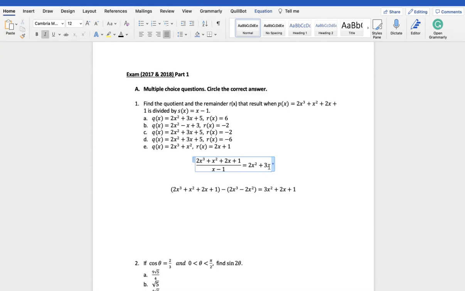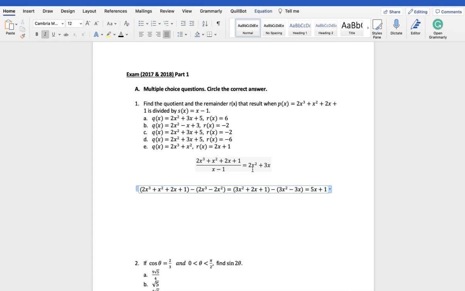The 3x multiplied by the x minus 1 gives you 3x squared minus 3x, and this gives you, obviously the 3x squared is cancelled. We're left with 3x plus 2x, which is 5x plus 1.